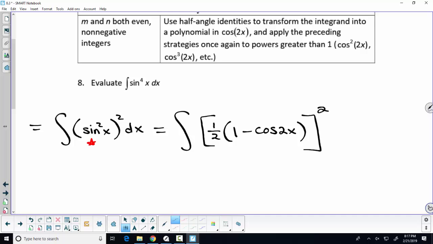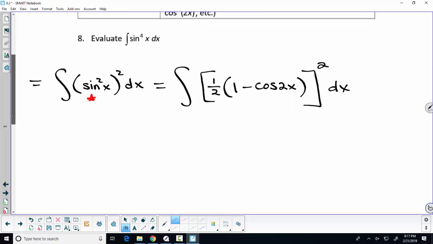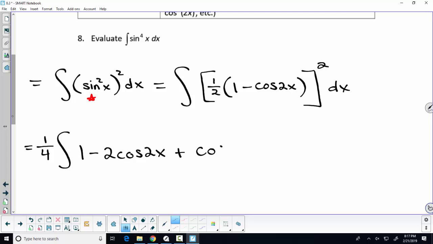So there's that sine squared, squared. So now we have to expand 1 minus cosine 2x. So we got our 1/2 squared, it's a constant. And then we have 1 minus cosine of 2x, squared. So 1 minus 2 cosine 2x plus cosine squared of 2x.